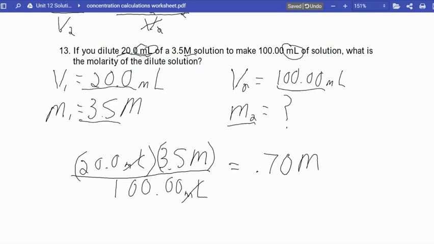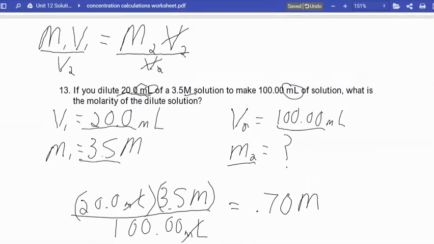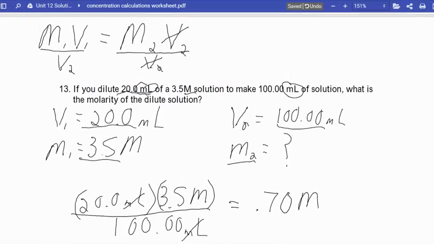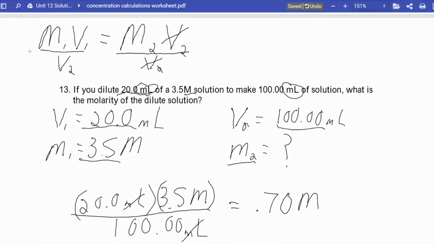Now, the nice thing about the dilution equation is it's relatively simple. You are multiplying on both sides: M1V1, M2V2.